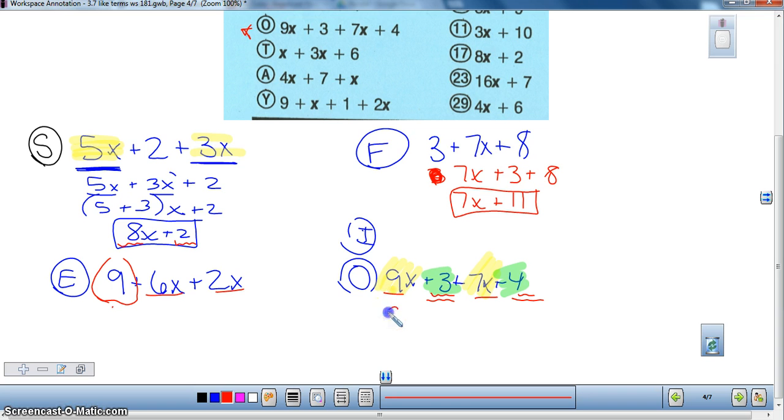Again, we want to regroup it using our commutative property. 9x plus 7x plus 3 plus 4. What is common to the first two terms is an x. So this is kind of the reverse of what we're going to do tomorrow with the distributive property. 9 plus 7 gives us 16x. We also can regroup our constant terms, and our constants, 3 plus 4 gives us 7.